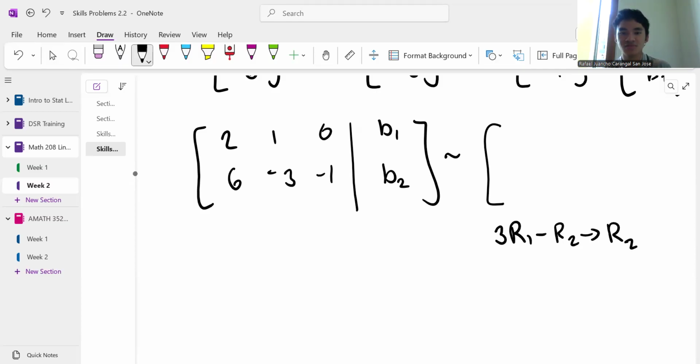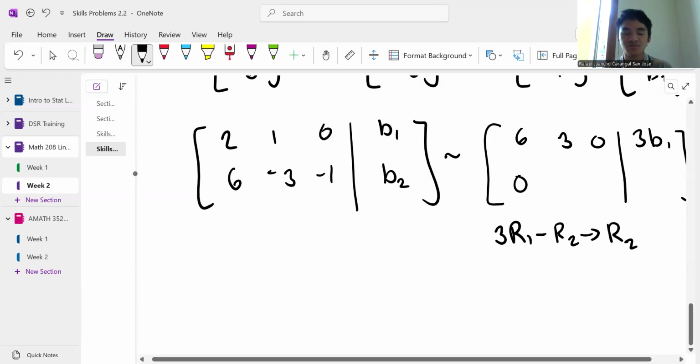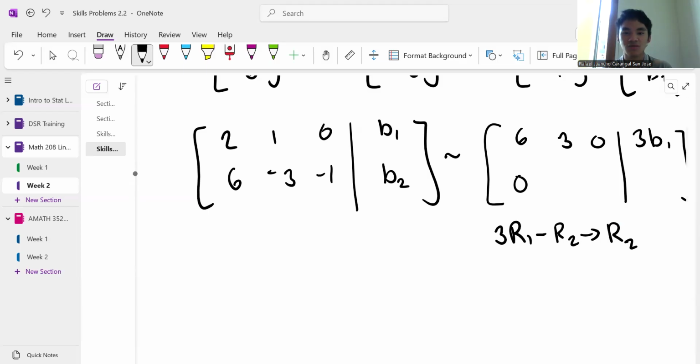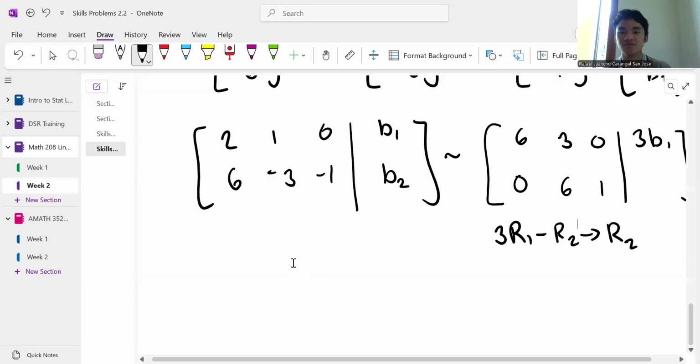It's that simple. 6 minus 6, 0. 3, 0, 3b1. This becomes 3 minus negative 3, 6. 0 minus, so positive 1, 0 minus negative 1, 3b1 minus 3b2.